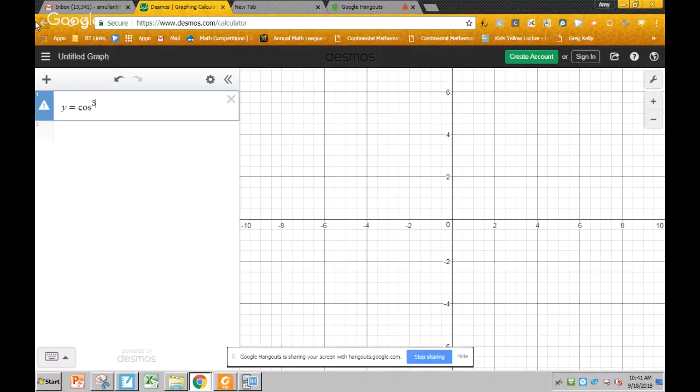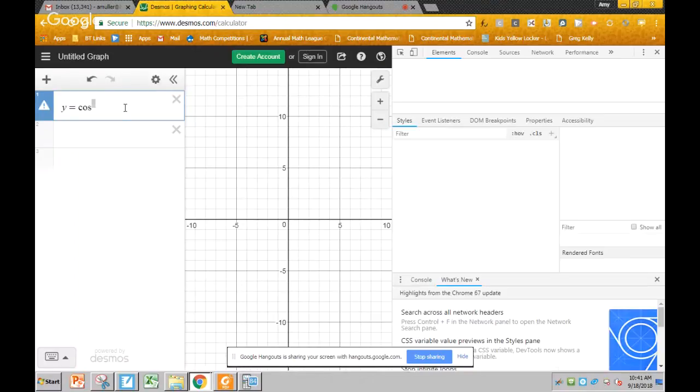Oh, it doesn't like that. So let's put parentheses around the x, I think, maybe. No, it still doesn't like it. Okay, so go back. Let's just keep going. Cosine of x.